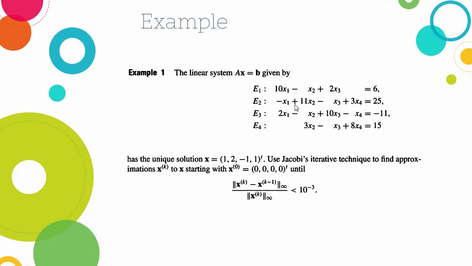As you can see here, it is a 4x4 linear system, and the coefficient matrix A has rows starting with 10, -1, 2, 0, and the last row is 0, 3, -1, 8, and the constant b is 6, 25, -11, 15, and we use the initial condition 0, 0, 0, 0. We will also use the relative error instead of absolute error. If our solution xk satisfies this condition, we break out of the loop. Otherwise, we continue our while loop.